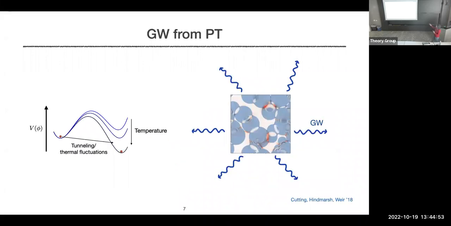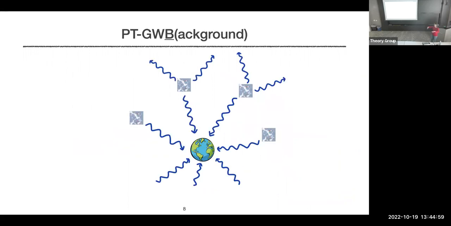Yeah. So we established that gravitational waves are released from phase transitions, and when this phase transition happens, it's happening everywhere in space. So today we expect to get gravitational waves from all directions if such a phase transition happens. So you create a background of gravitational waves, just like the CMB.